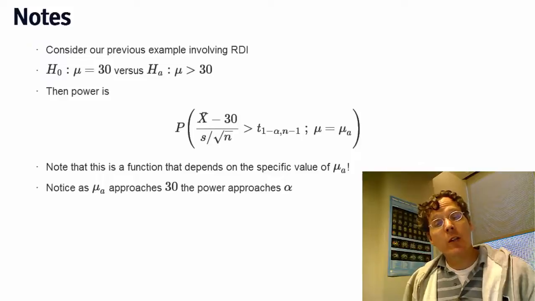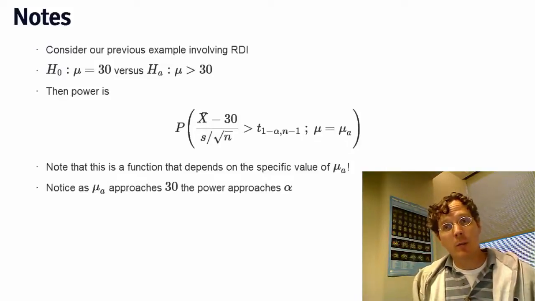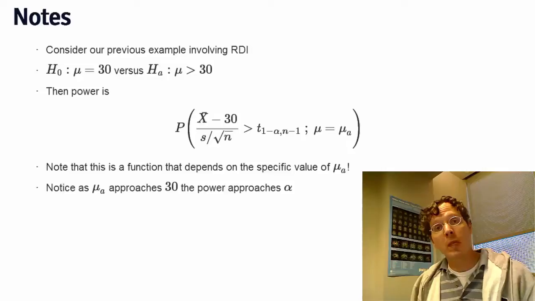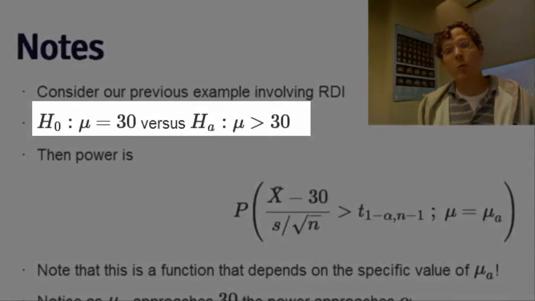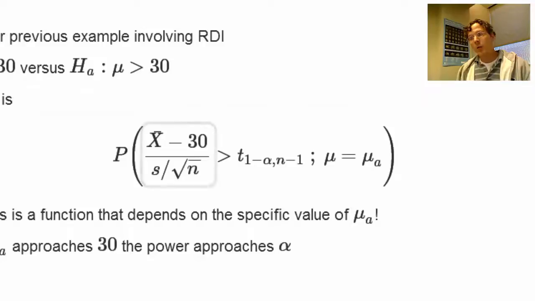Let's go through a conceptual example, and then we'll go through some specific numerical examples. Remember, we were interested in the hypothesis test for the mean respiratory disturbance index, RDI, in a particular population of obese subjects. We wanted to test whether mu was 30 versus the alternative that mu was greater than 30. We used a t-statistic, which is, in this case, our sample mean minus the hypothesized value, 30, divided by the standard error of the mean.